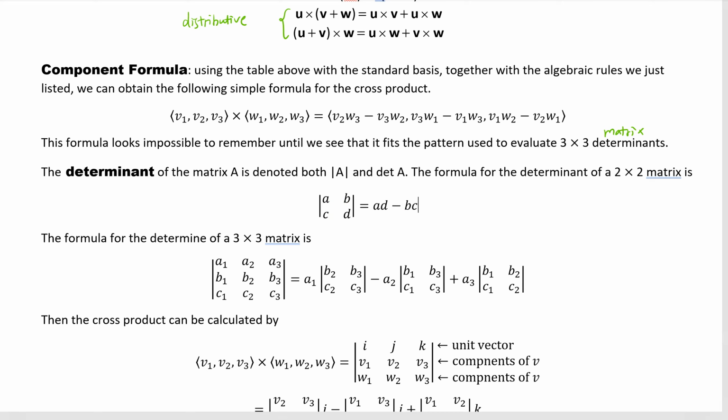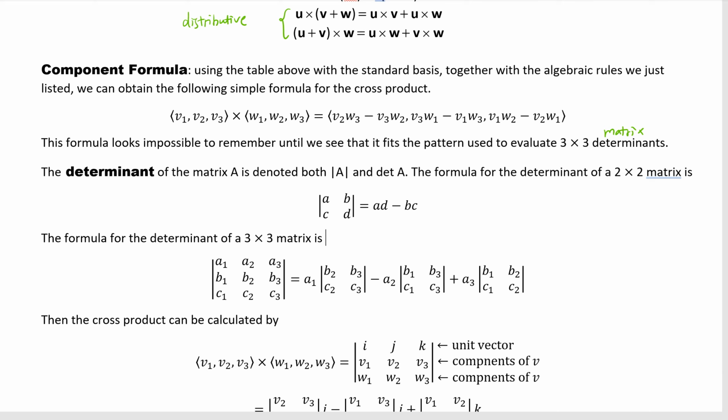And the formula for the 3x3 determinant. Actually, for a 3x3 matrix there are 6 ways to compute the determinant. We can choose any column cofactor expansion, or any row cofactor expansion.